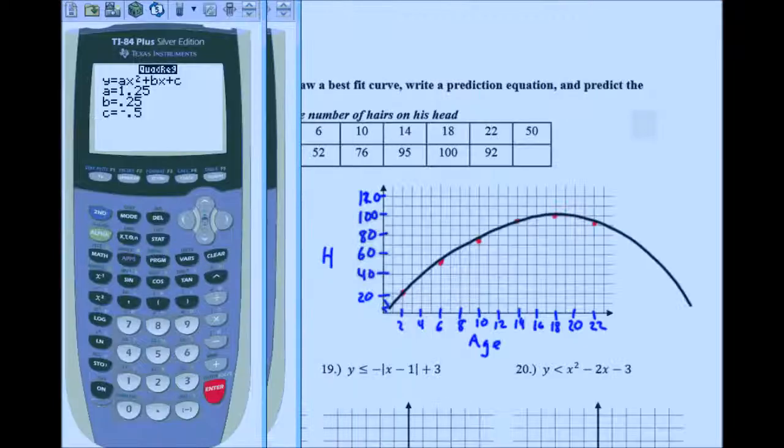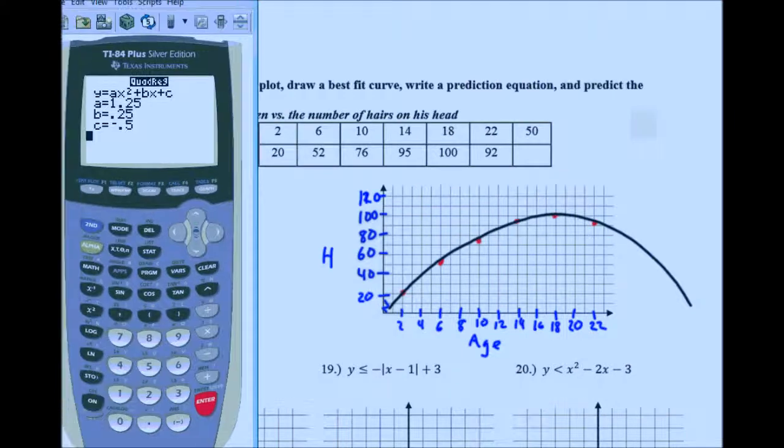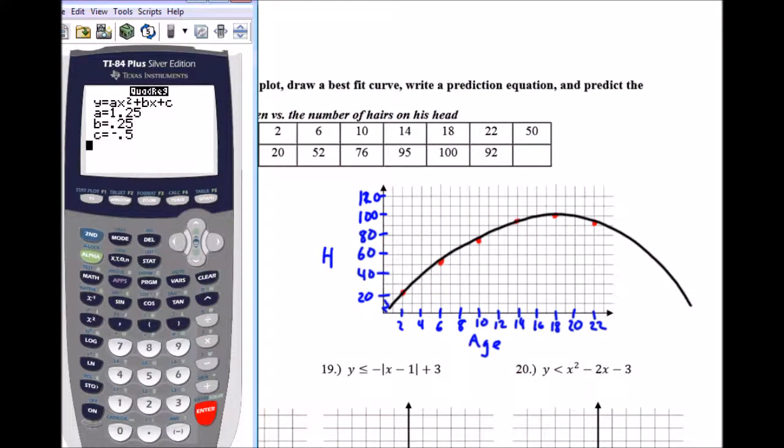I'm going to take my calculator. I'm going to be punching in these x and y values. So I go back to stat. I calculate. I'm going to clear each of these lists just like I did before. I'm going to punch in my x values, the 2, the 6, the 10, the 14, the 18, and the 22.